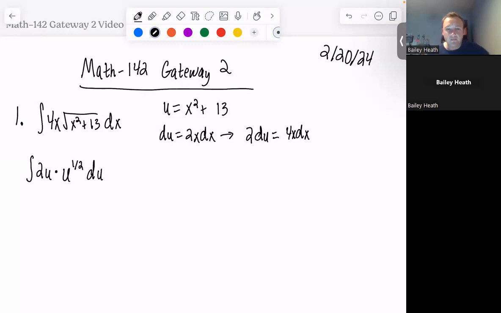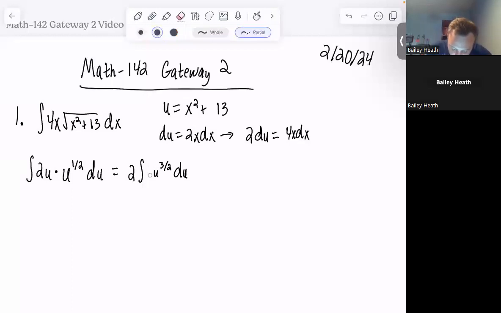I'll bring the 2 out front. I get 2u to the 3/2 du, right? If I have u times u to the 1/2, I'm going to add up those exponents. Excuse me, I wrote 2 twice, so I pulled the 2 out and this 2 is gone now.